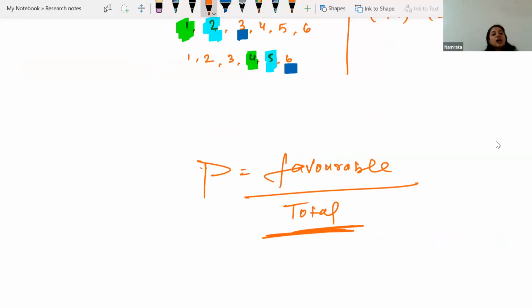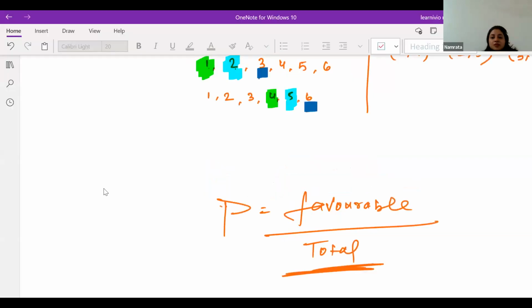We will think about the favorable outcome after a while. Can we say it's 36? Who said 36? Kiran. Exactly, it's 36. The total number of outcomes, without even thinking about the favorable outcome, has to be 36.